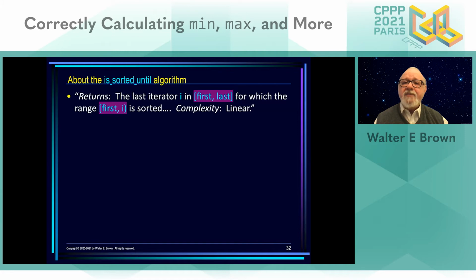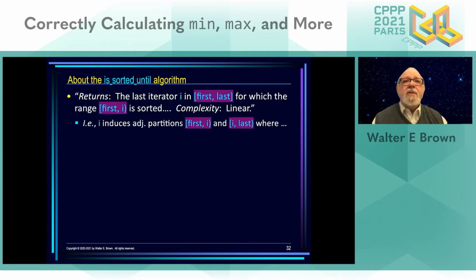In other words, we note that this invented iterator I induces adjoining partitions, one from first up to I, and the second from I up to last, where the former is known to be sorted and of maximal length.